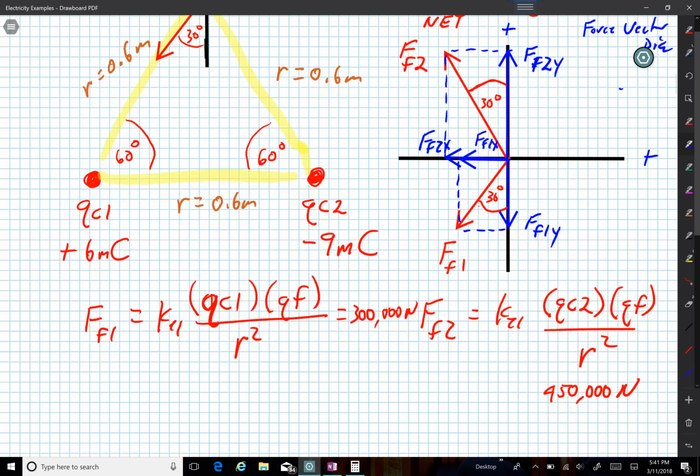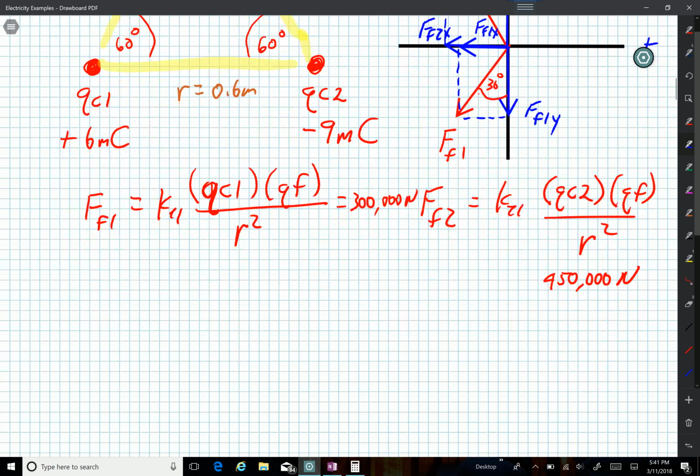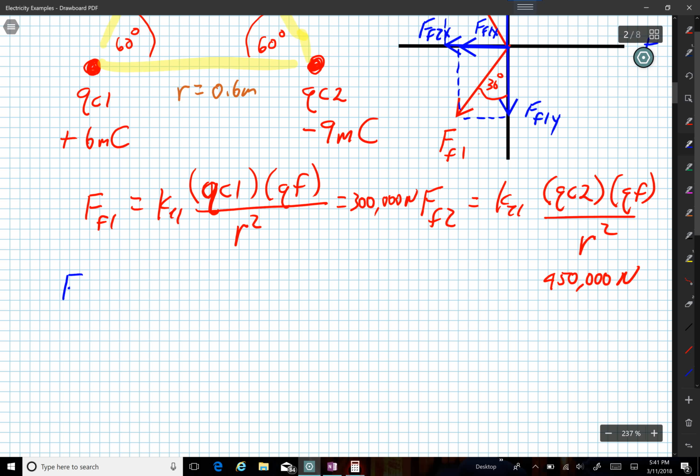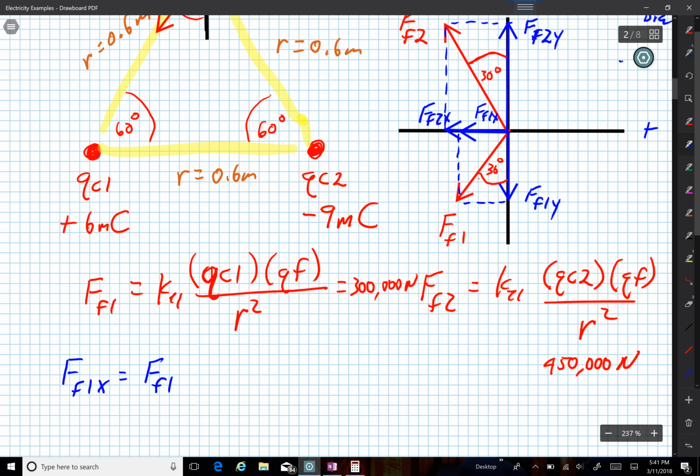All right, so now I just have to do my trig. So if I were to say FF1x equals FF1, and now let's take a look. Got to decide whether it's sine or cosine. Those of you who are trig people will immediately say cosine, and you'd be wrong. FF1x is up here. It's this vector here.